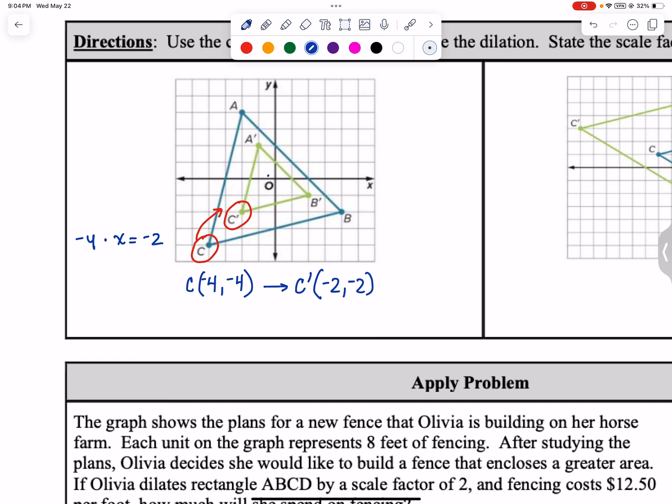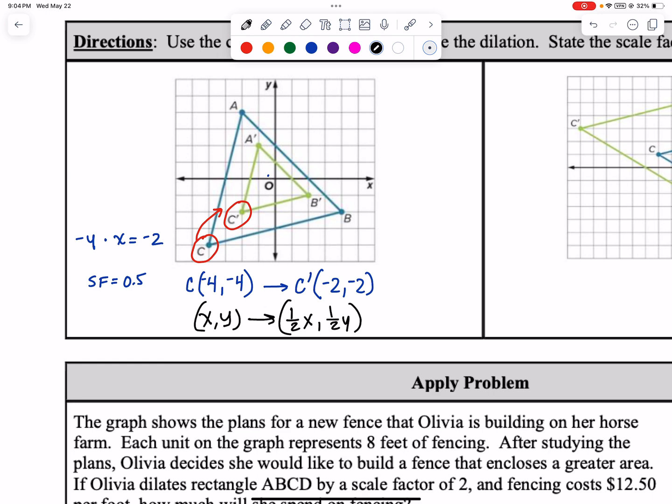So that identified my scale factor equals 0.5 or just 1/2. So let's go ahead and write our official mapping. So our mapping is we take x and y, and over here we take 1/2 x and 1/2 y, and that'll create our shrunken new image.